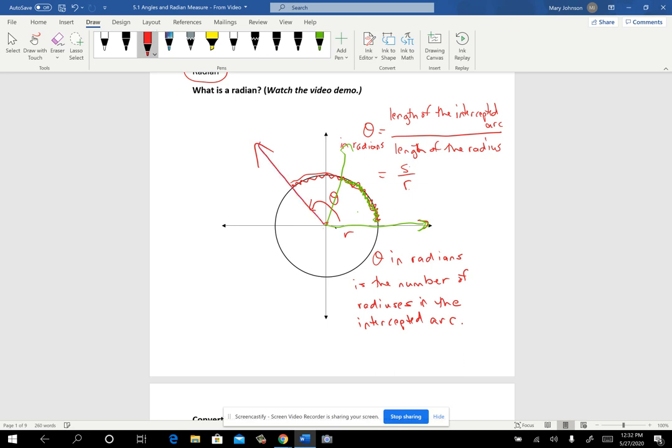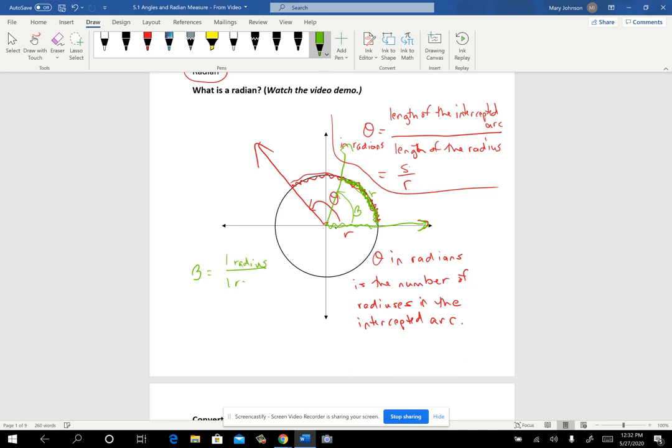Okay. All right, so I'm doing my new angle, and I'm making it where the radius is the length of this intercepted arc. So this is R right here. Okay. And let me call this angle right here angle beta. Then beta would have the measure of the intercepted arc being 1 radius.